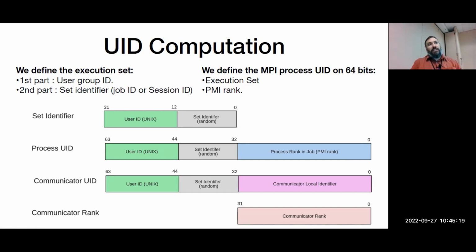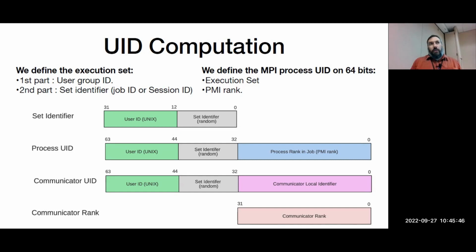Then the second part inside this set is the way to identify a process inside this set. The process rank in the job will be here, the PMI rank that we have when we launch the job. The interesting thing is we can also create the communicator UID in the same way, using the first 32 bits with the set identifier and then the communicator local identifier.